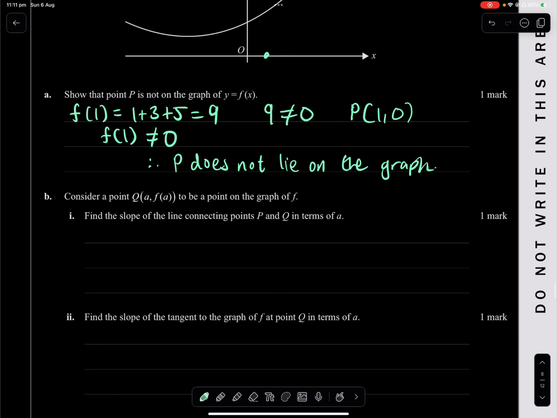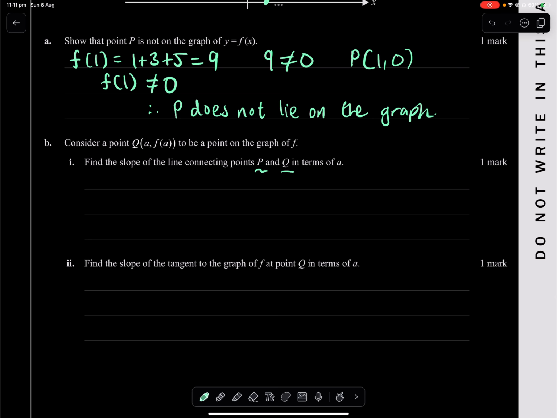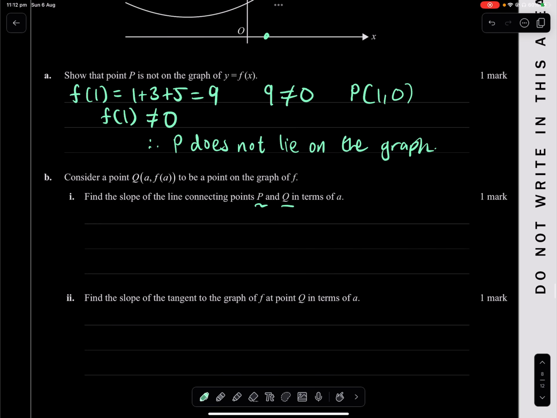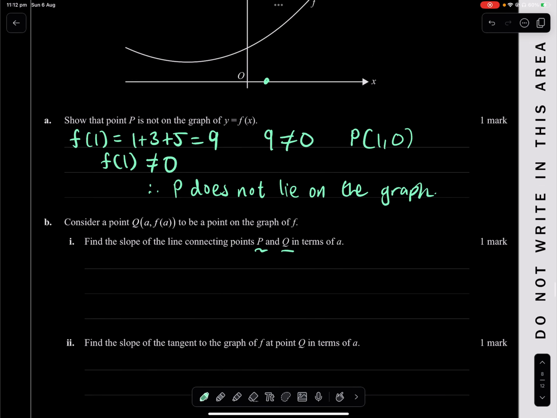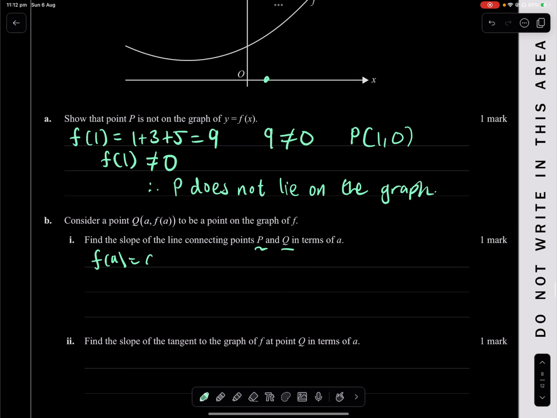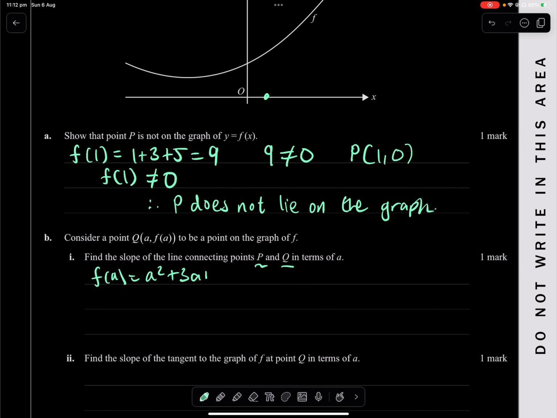Okay, next question. Consider point Q to be a point on the graph. Find the slope of the line connecting points P and Q. This is going to be a secant. So if I sub a into f of x, f of a is a squared plus 3a plus 5.